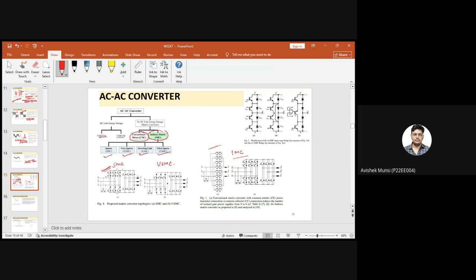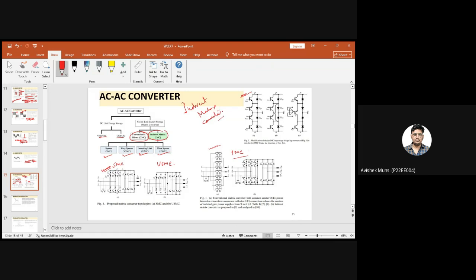In case of the IMC type of converter, we basically use this kind of switch, and in case of the SMC type, we basically use this kind of switches. That is what we are using in case of the indirect matrix converter.